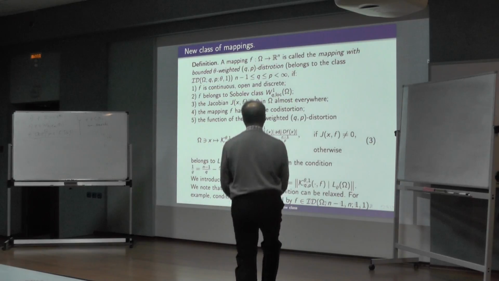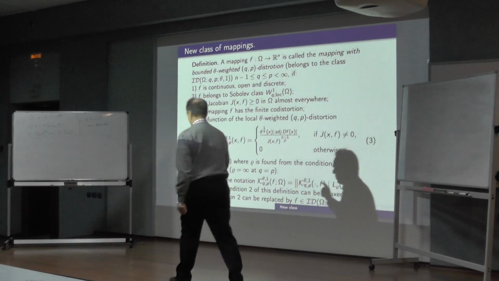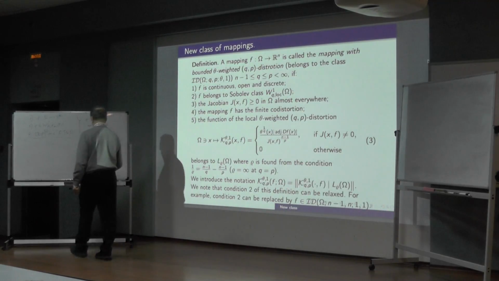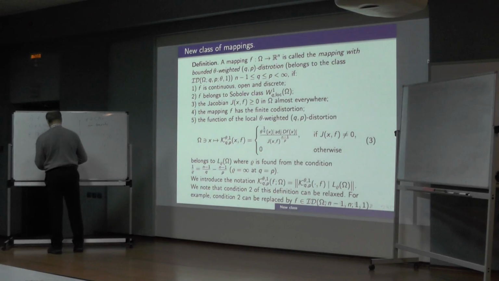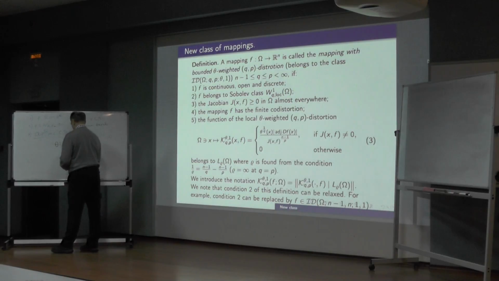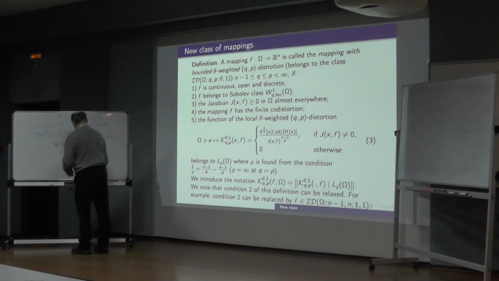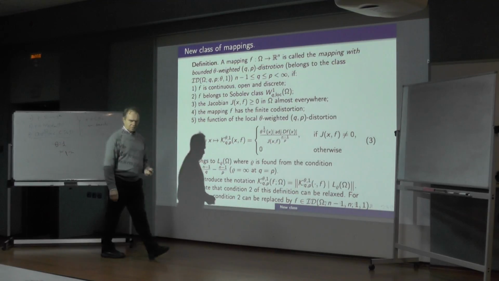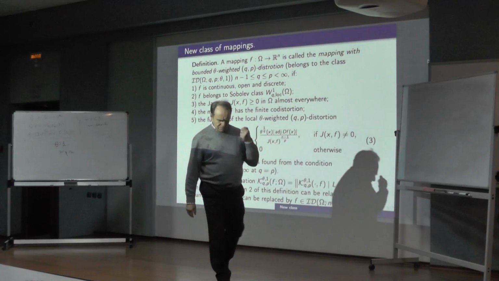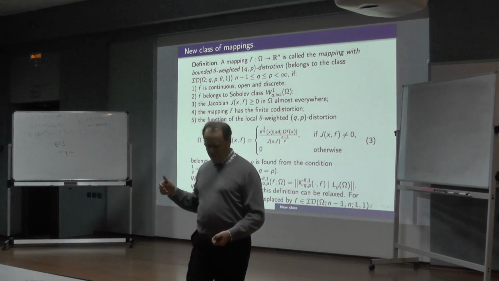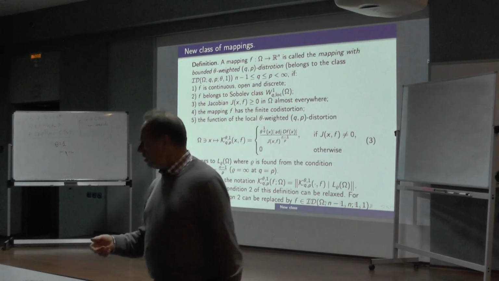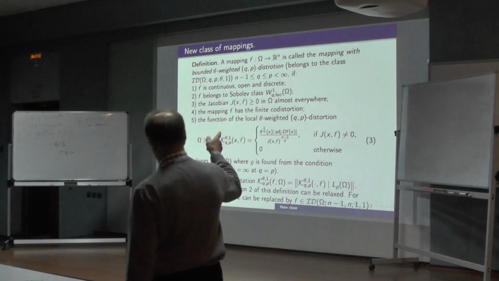If, for example, theta equals the identity equal 1 and p equal q equal n, then all results proved in all monographs devoted to mappings of bounded distortion can be proved for this class.